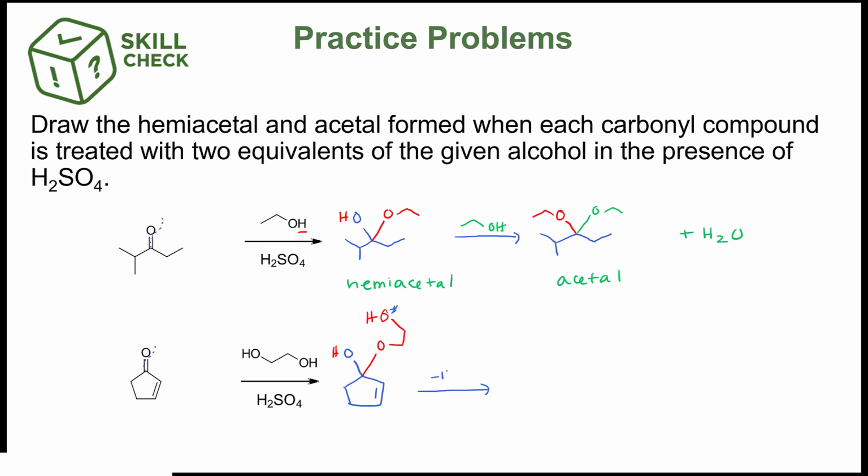So we're going to lose the water. I have this O. There's two carbons in between, another oxygen, and here's my new bond. And this was the other oxygen. So that one's going to form a cyclic acetal.